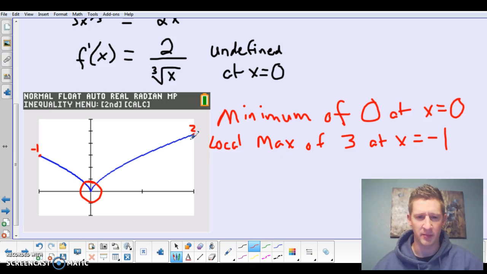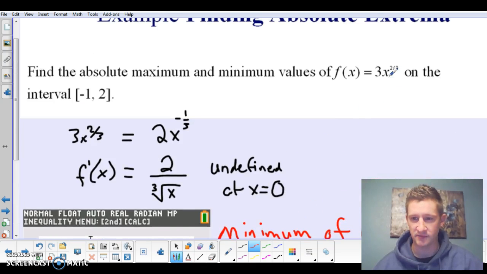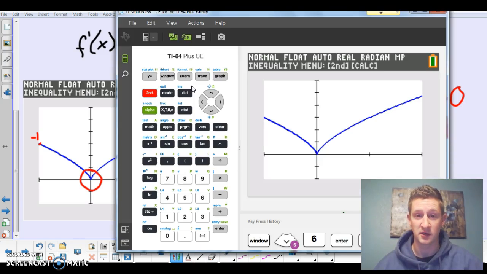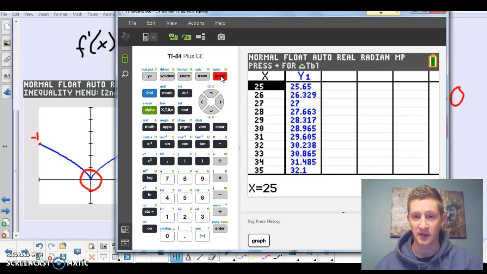Now I was able to do that one in my head. Plugging in 2 is not quite as easy. 2 to the 2/3 is not something that's done in the head, so I'll check my calculator's table and figure out, well, let's see, when x is equal to 2. Scrolling is probably not ideal, but we're just going to do this for the sake of time right now.